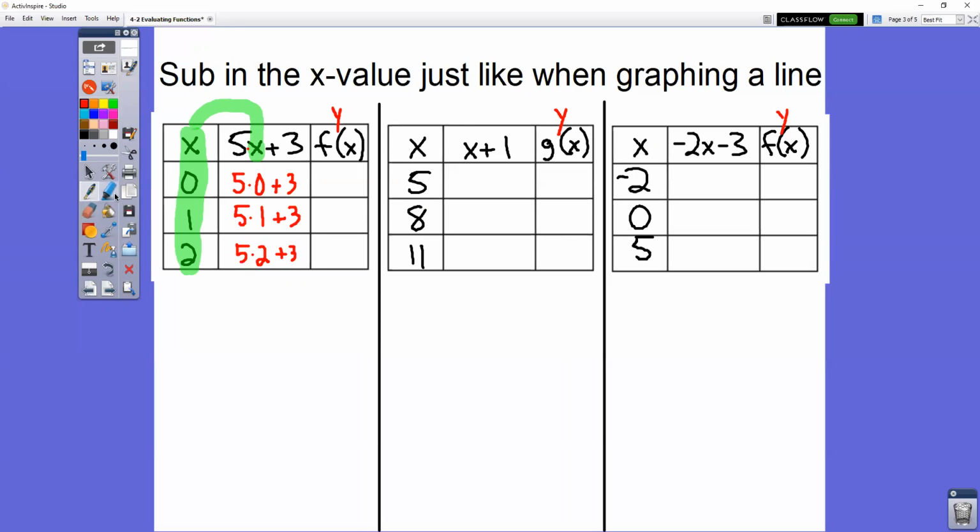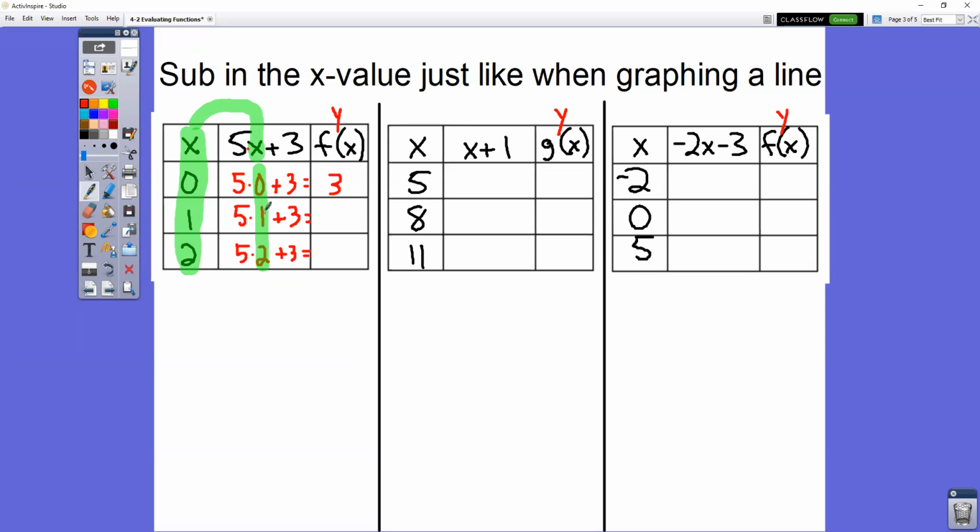Again, all that we're doing is taking our x values and subbing them in for x. Whatever you get for an answer goes into your f of x column, which is really your y column. So you could type these right into the calculator, again, exactly how they look, or you can do them in your head. Just make sure that you do the multiplying first before you do the adding or subtracting. So 5 times 0 is 0, plus 3 is 3.